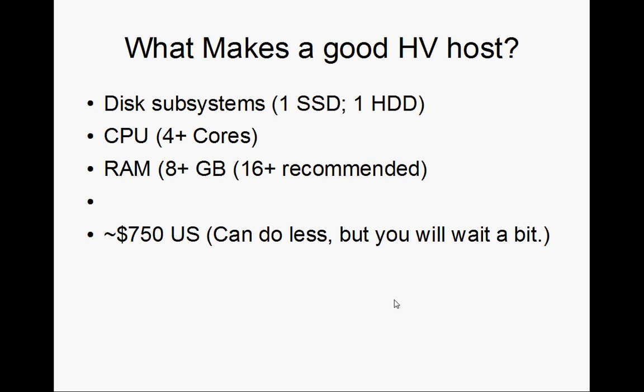So first, let's discuss really what makes a good Hyper-V host. In a lab environment, it's a little bit different than a production environment. I found, for me, I initially did a 1 terabyte hard drive, about 7,200 RPM, and once I got more than a few virtual machines on it, it got remarkably slow, and the slowness was in the disk subsystem.